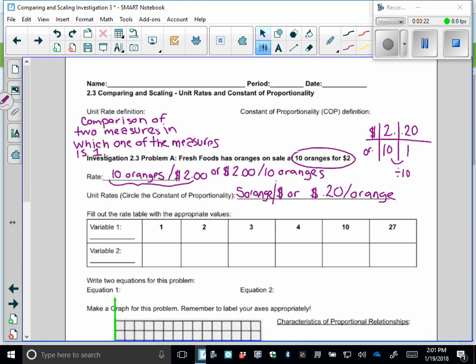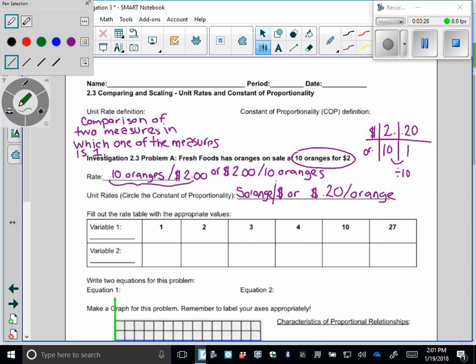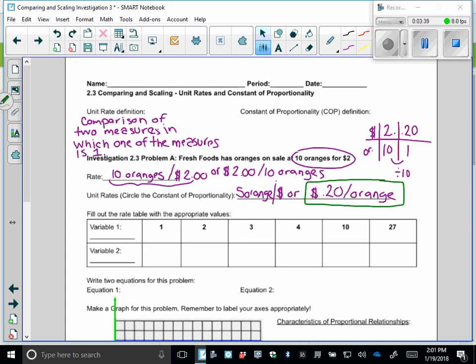Okay. So you filled the chart out. I bet in this room there's 2 different ways to fill the chart out. If I'm going to use a little color here to focus on this unit rate, we can talk about independent variables. If I look at 20 cents an orange and I want to know how much money I'm going to spend, I need to know how many oranges I am buying to figure out my cost.